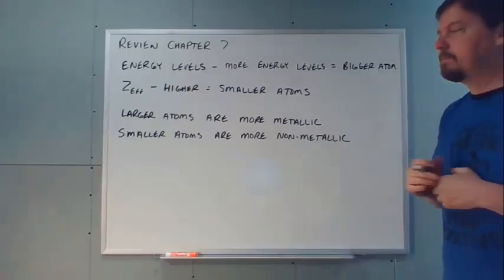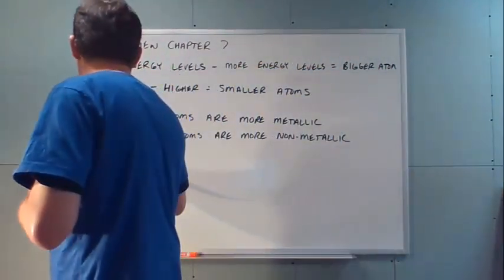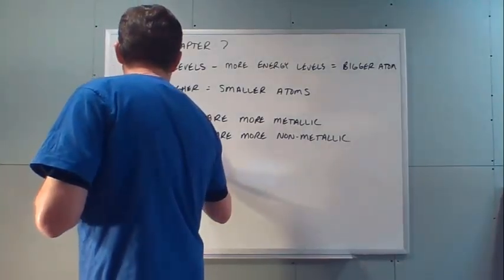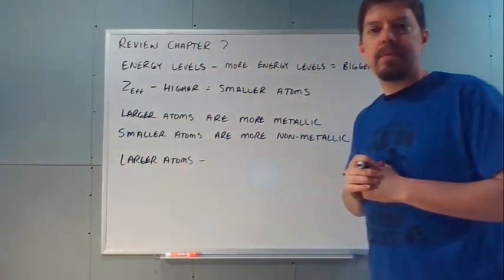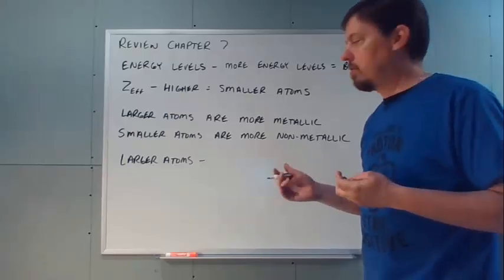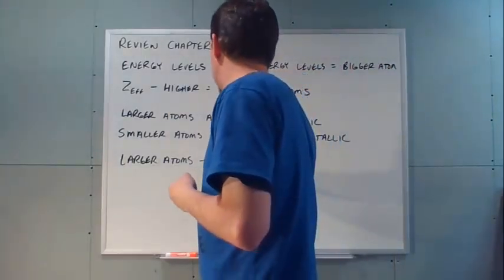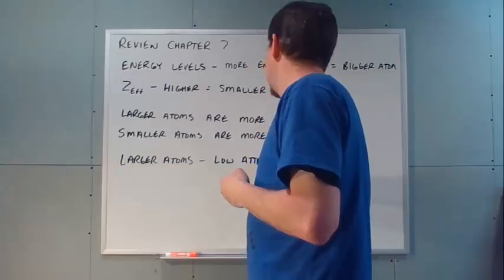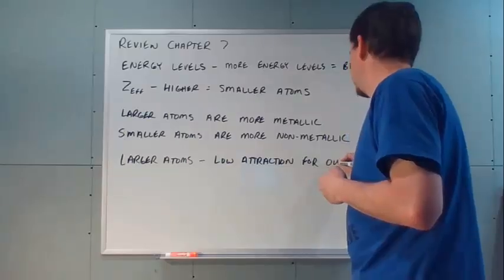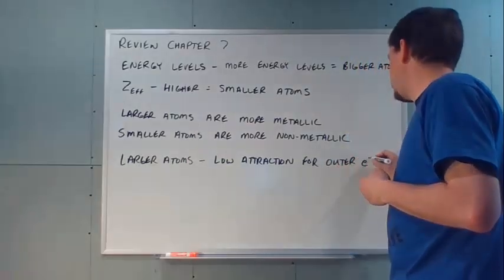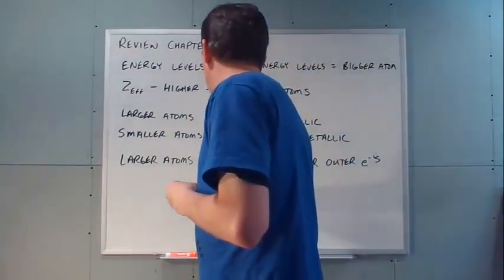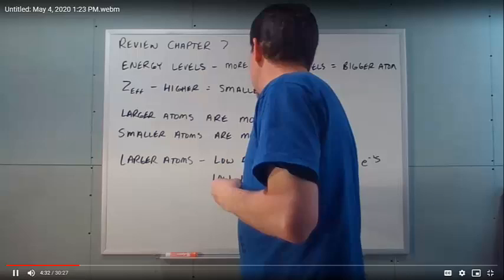Okay, why is that? Because larger atoms are going to tend to do a bunch of things. First of all, larger atoms will not have as much of an attraction for the outer electrons. So what does that mean? Well, that means that they're going to have low ionization energies.